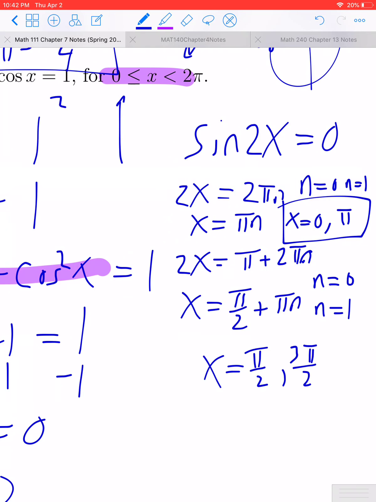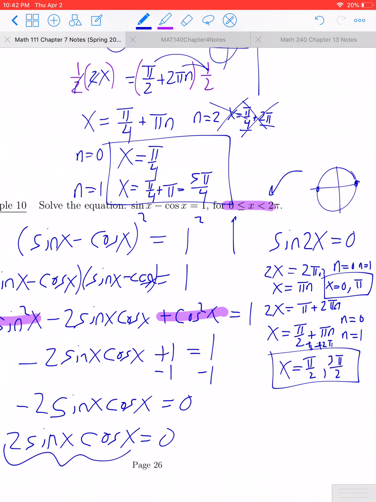That works. Now if n is equal to 2, then you would have 2 pi plus pi over 2, which would exceed 2 pi, so that would not work. So we get two solutions here as well: x equals pi over 2 and 3 pi over 2. So 4 solutions altogether: 0, pi, pi over 2, and 3 pi over 2.